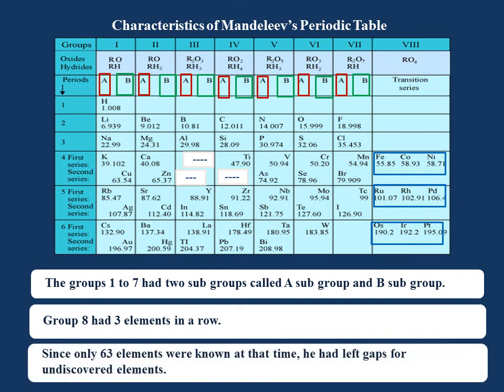Since only 63 elements were known at that time, he had left gaps for the undiscovered elements. And he also predicted the characteristics of those elements, and his predictions were correct. That's the end of today's class.